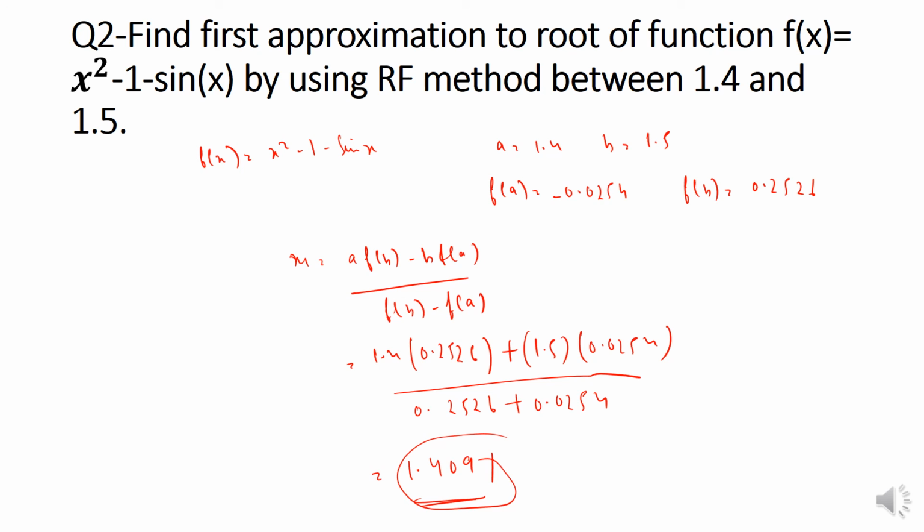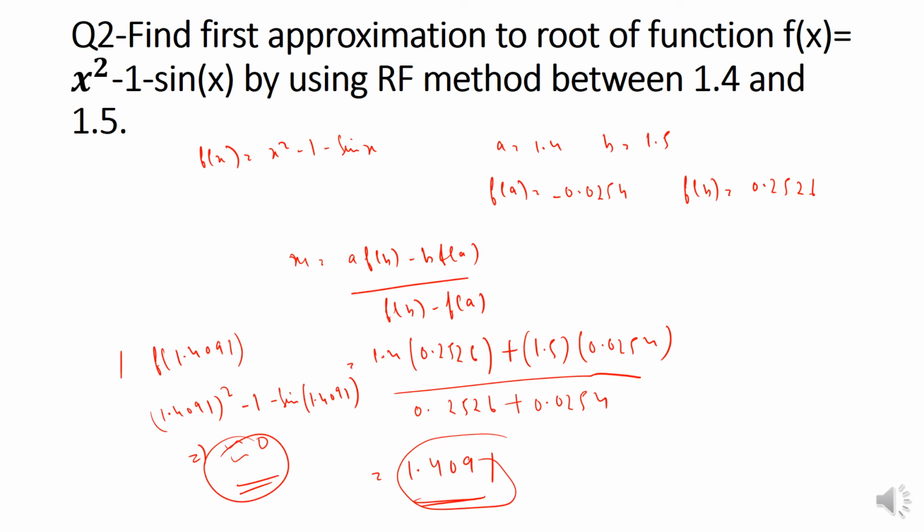Now if we find f of 1.4091, that is 1.4091 whole square minus 1 minus sine of 1.4091, using the calculator, this is almost equal to 0.